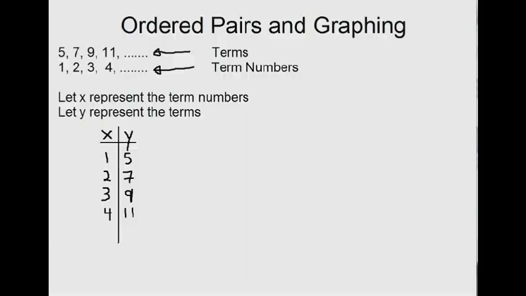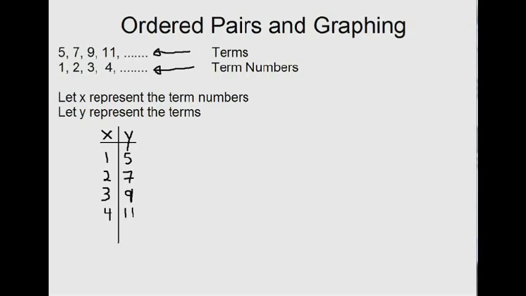The next thing we're going to talk about in our patterning unit is called ordered pairs and graphing ordered pairs. So what we see here is what we've seen a few times, which is a number pattern. It's a linear number pattern. And we've got our terms and our term numbers put in a table of values.